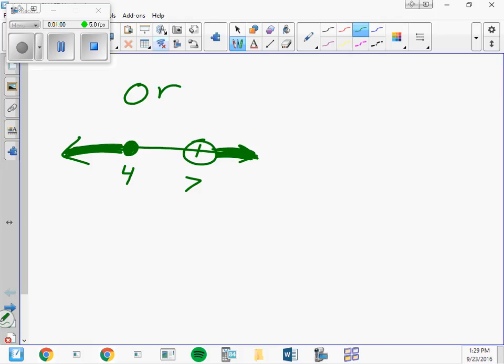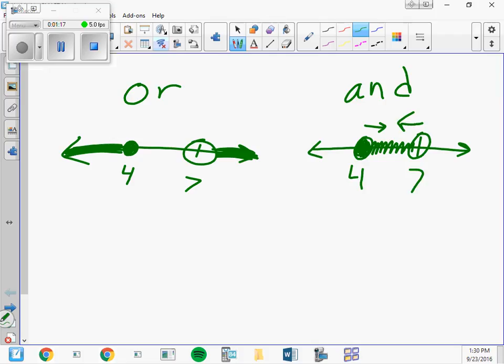The other type is called an AND. An AND would look like this. We could have a 4 and a 7, and it would be everything in between. So essentially, this is an arrow that way, and we have an arrow that way. And you satisfy one of them and the other one.